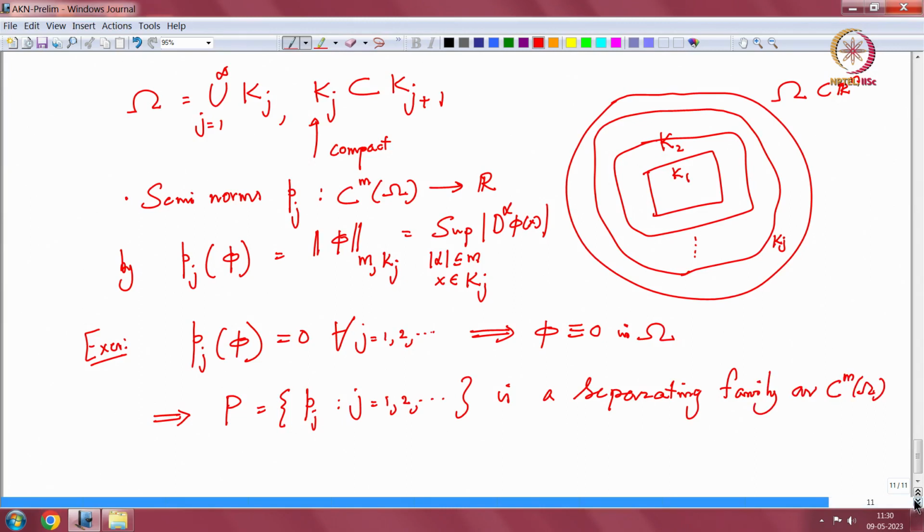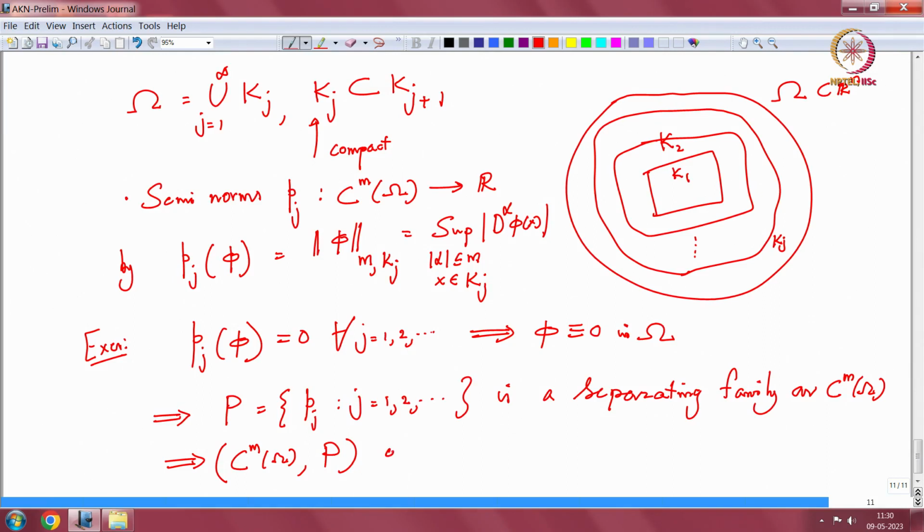Okay. So, let us see how far I can go today. Now you know everything basically, because once you have defined a topology on Cm of omega with p, we have developed the neighborhood system for general semi-normed linear spaces.